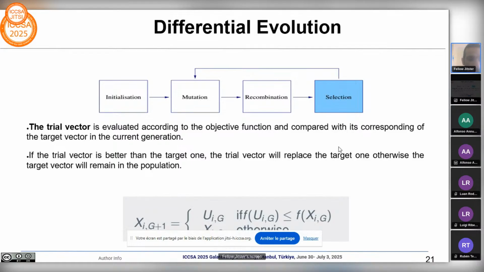If the trial vector is better than the target one, the trial vector will replace the target. Otherwise, the target will remain in the population. Here, the trial vector is better than the target according to the objective function. The objective function is based on congestion.